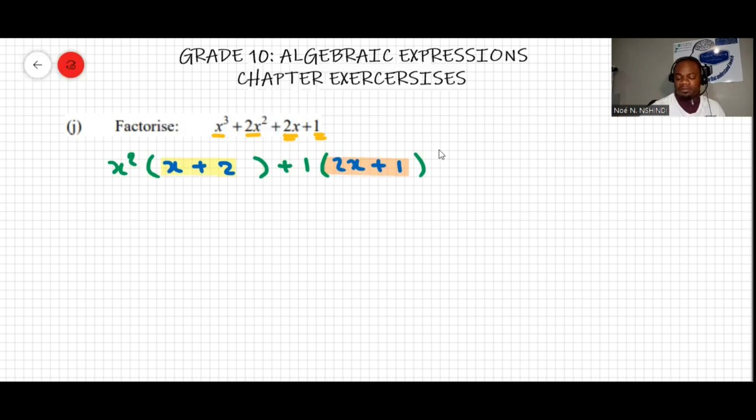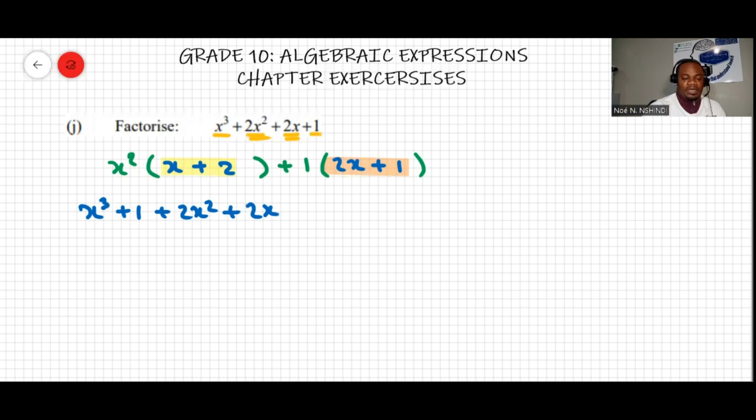But now maybe, what if I change the way of grouping these terms? What if, for instance, I group x cubed with 1 and then 2x squared with 2x? What if I do that way? I have x cubed plus 1, and then plus 2x squared plus 2x.